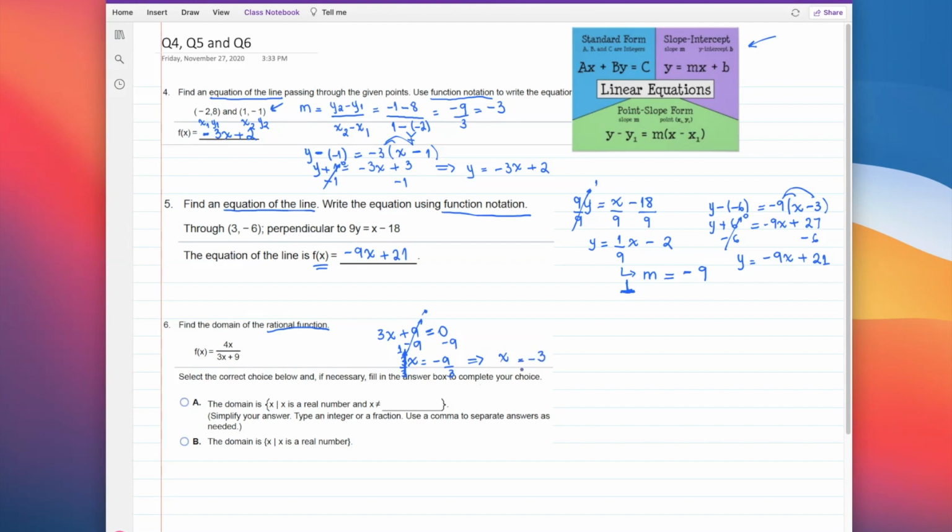Okay, so when x is -3, I would put -3 here, which would give me a 0. So this is a value that cannot happen.